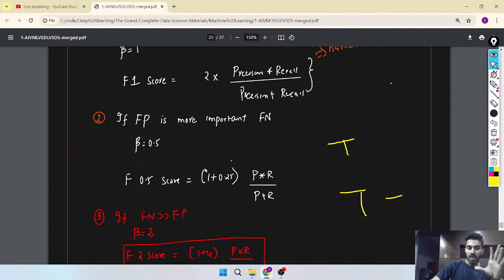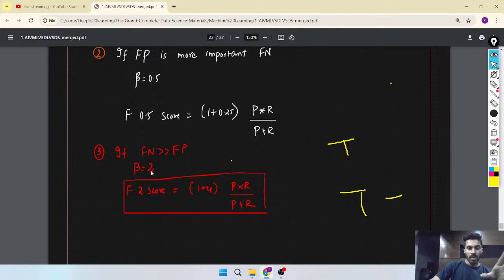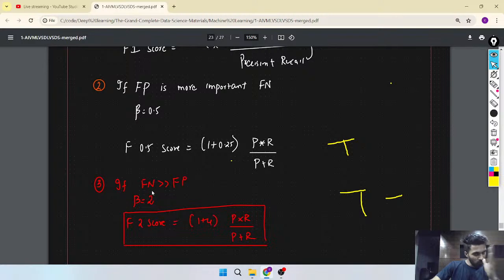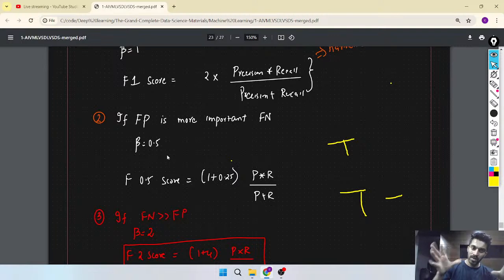And if you want to give higher weightage to something like precision or recall, then you apply some beta. If beta is greater than 1, you are giving false negative high precedence. And if your beta value is lower than 1, then you are giving high precedence to false positive. Now the question is how, but I will tell you.